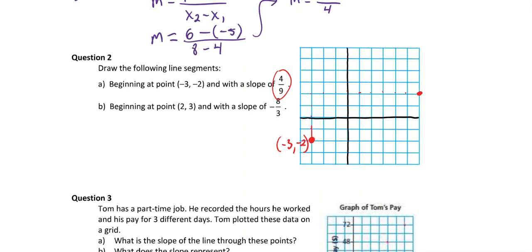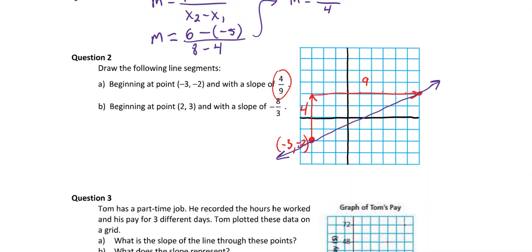Right, this thing went up 4 over 9. So then if we connect those 2 points I just made, then with a straight edge, then that would be my line.